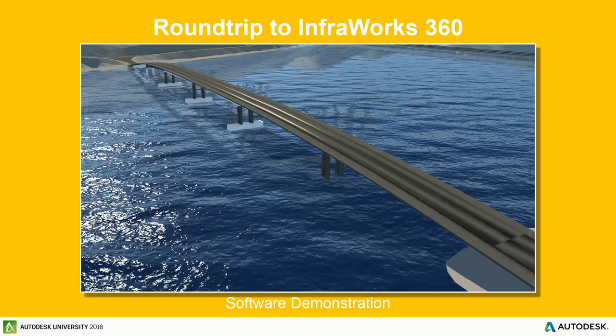I won't show you that aspect of it because in the handout there's a link to a great AU class from last year for that specific question. But I'll show you within Revit the ability to create the bridge based upon a profile moving forward, if that helps. Okay, any other questions? All right, so with that, we'll jump into the software real fast.